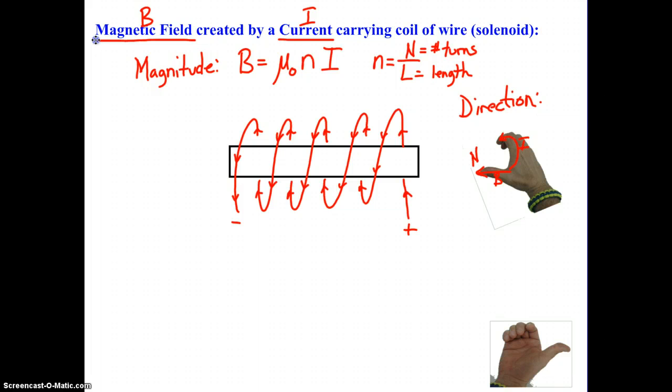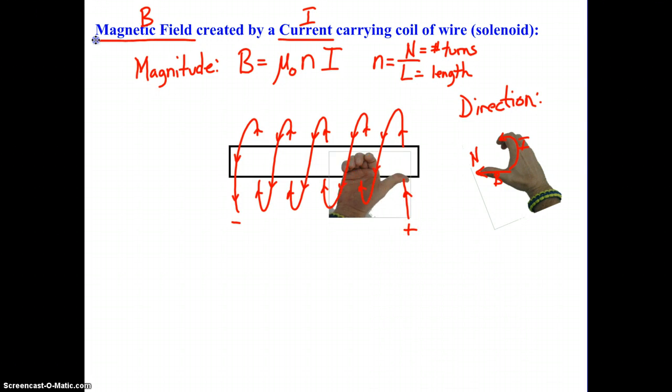If we take a look at this particular sample, we can see that the current goes behind the core and over the front. Using the hand rule this way on your right hand, you should be able to see that the current goes behind the core and over the front, and your thumb ends up pointing to the right.